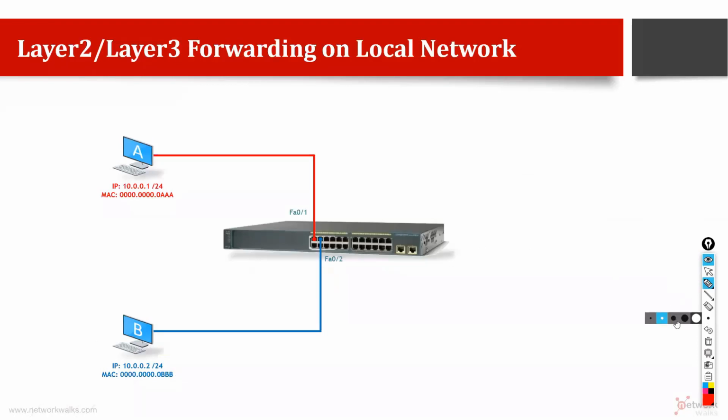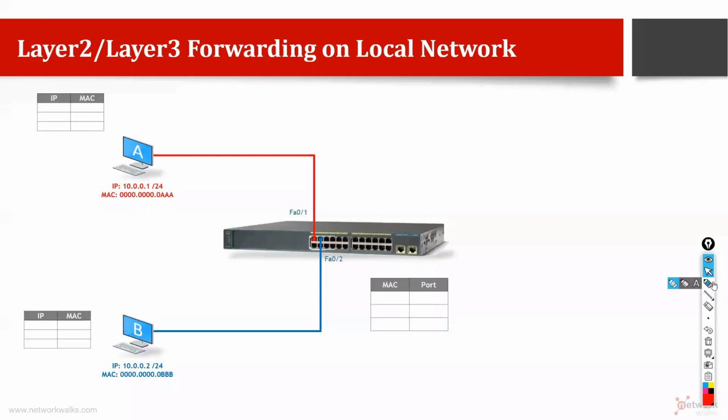This is also a scenario I think I explained already in another lecture. When one computer sends some data to another computer, the first time they do the broadcast and they keep on filling the table. How do the switches operate? They have a table inside called the MAC address table. While computers have the Address Resolution Protocol, so they keep on binding the MAC address and IP address of all the hosts, servers and computers.